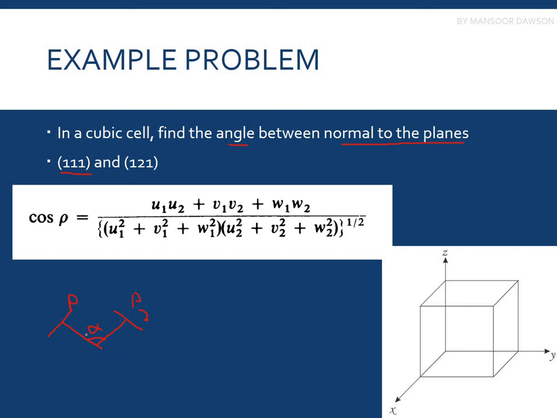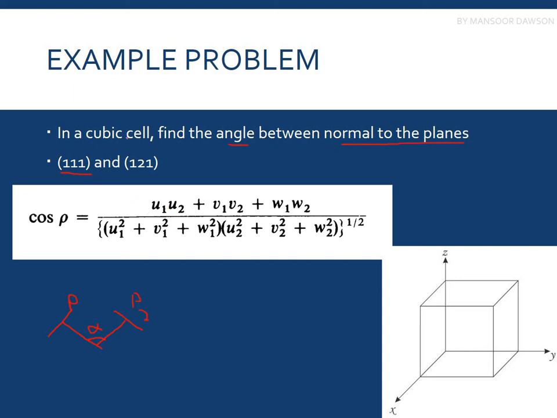So here would be an angle. This may be 90, but this may not be 90. You will be using a formula to find the angle, as we discussed in the previous video of crystallographic directions, so this formula is for the directions.